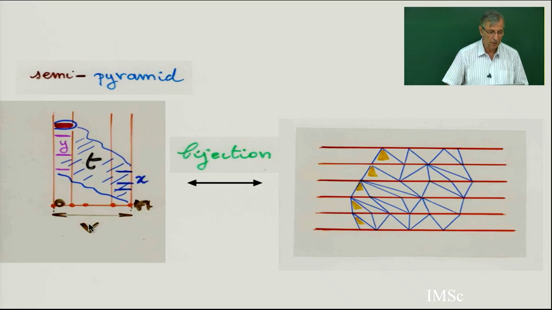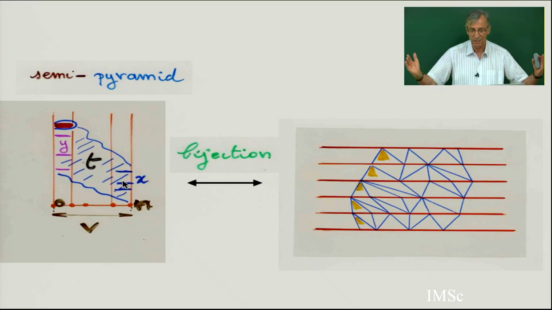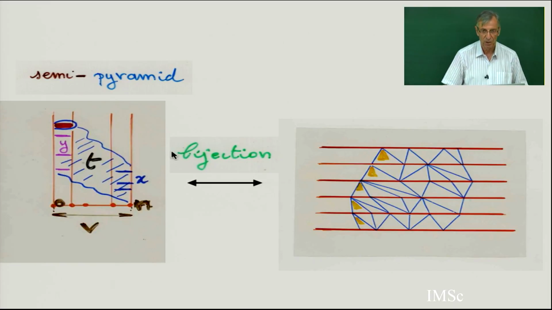The variable v counts the width of the pyramid. Variable t counts the number of dimers. Variables y and x count the number of contacts at the upper border and lower border of the triangulation.